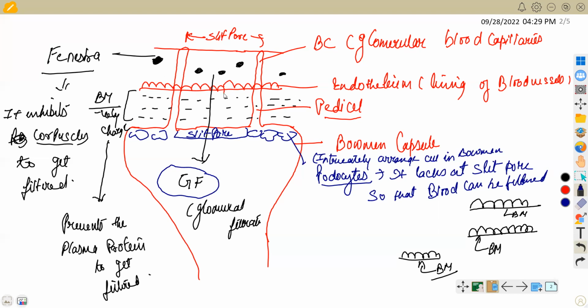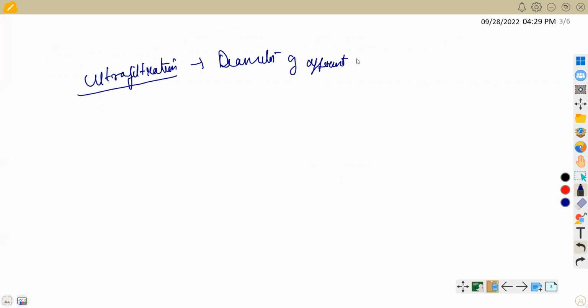Endothelium is the lining of blood vessels over the blood capillaries, and this one is Bowman capsule. The first thing we need to know about ultrafiltration: why is ultrafiltration called ultrafiltration? Because the diameter of the afferent artery is more than the efferent artery. So what will happen?